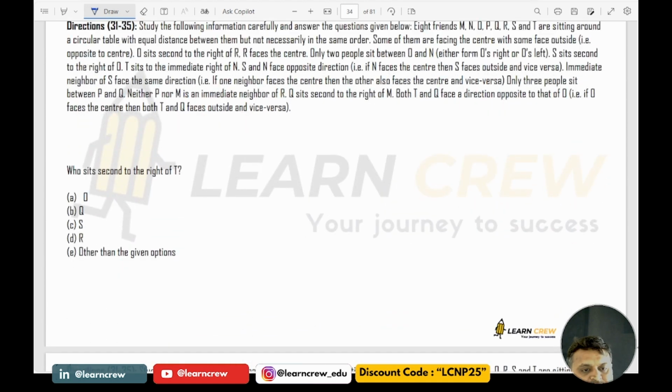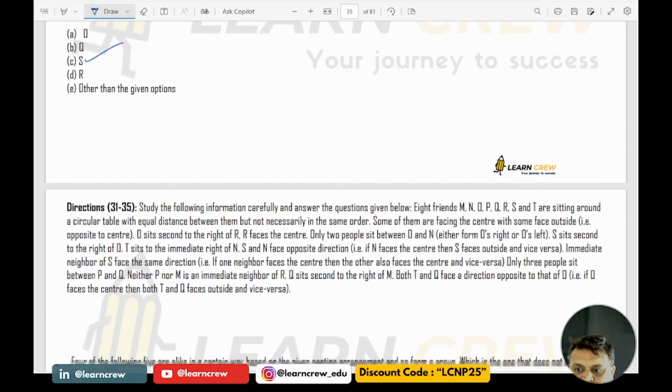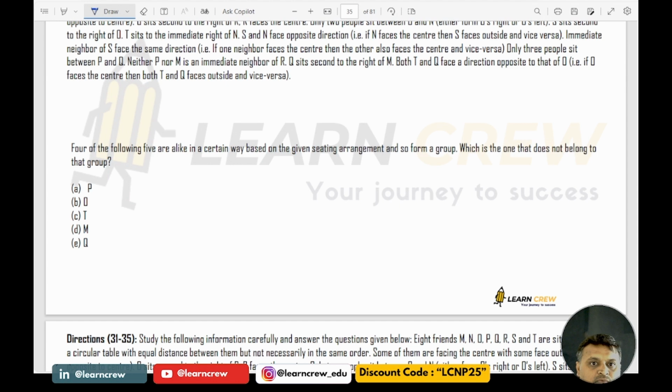Next, who sits second to the right of T? Second to the right of T is yes. Next, four of the following are alike in a certain way and so form a group. Which is the one that does not belong to the group?